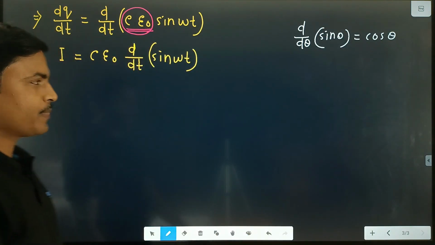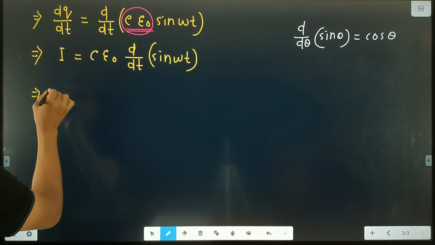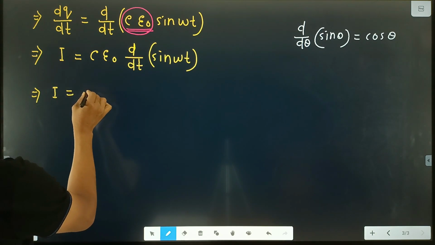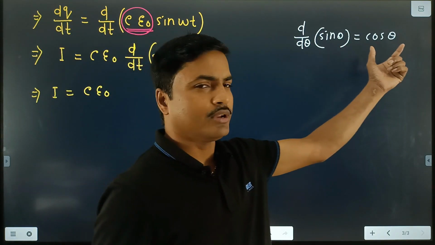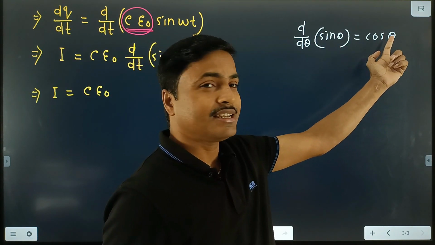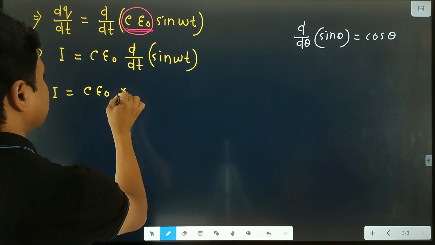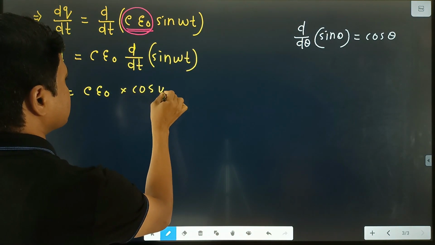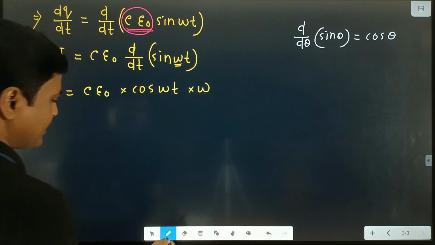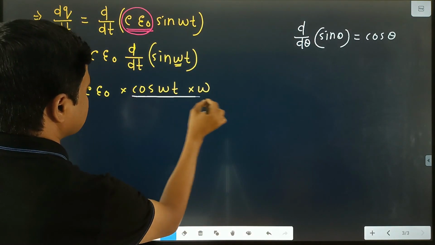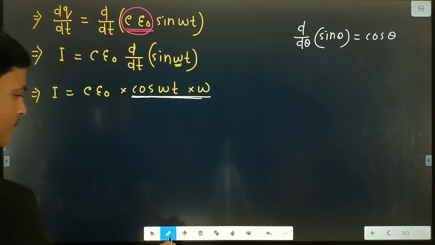You know this expression, so that we write instantaneous current I is equal to C E0 times the derivative of sin omega t, we write cos omega t because theta is there, and in place of theta omega t is there, so we multiply by cos omega t, and omega is an extra term, so we multiply by omega, and this is the derivative of sin omega t with respect to time.